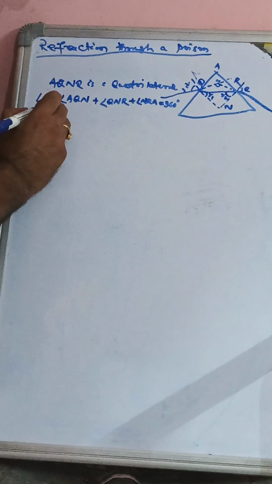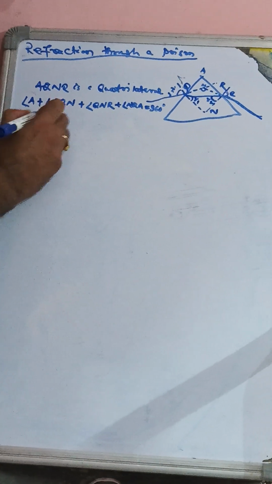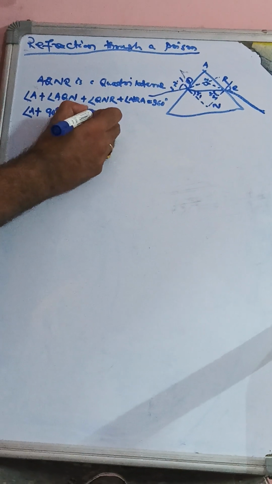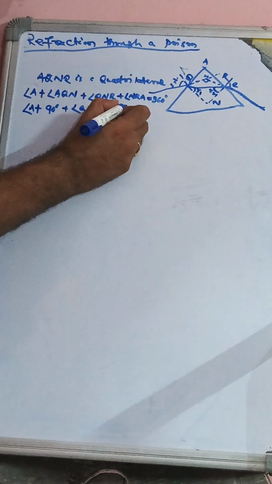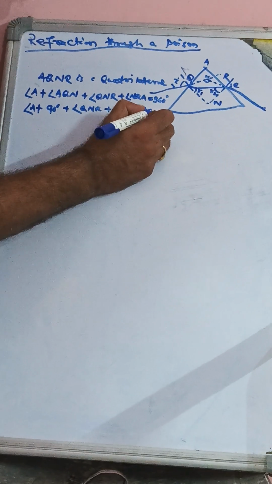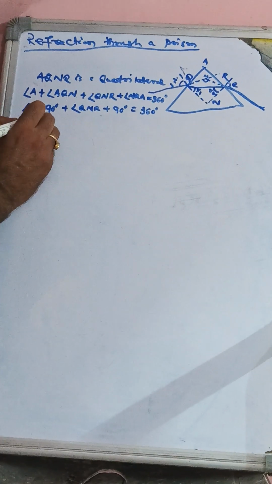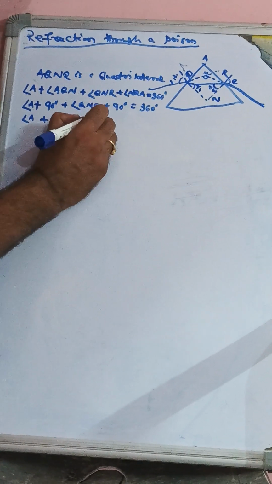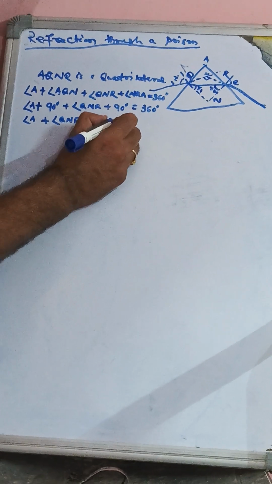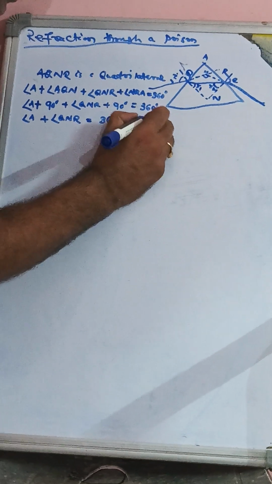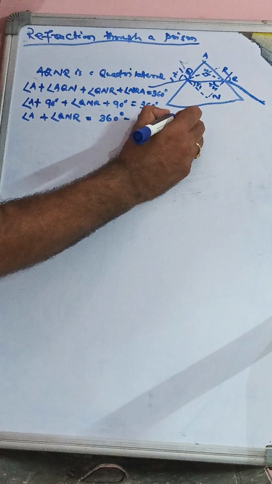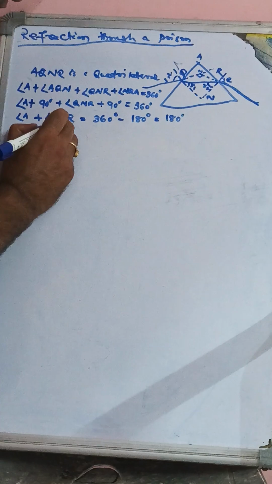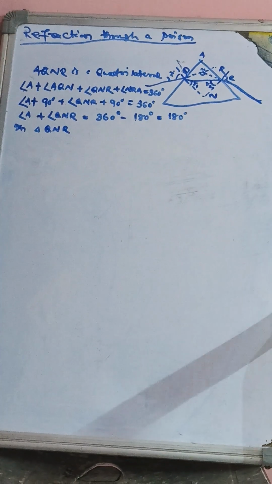Then angle A plus 90 degrees plus QNR plus 90 degrees is equal to 360 degrees. Then A plus QNR is equal to 360 degrees minus 180 degrees, which is 180 degrees.